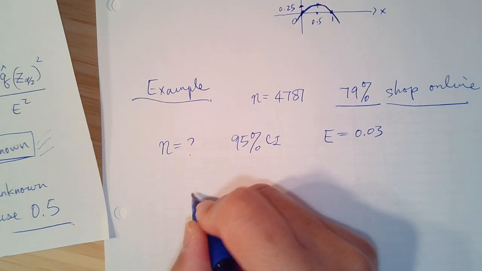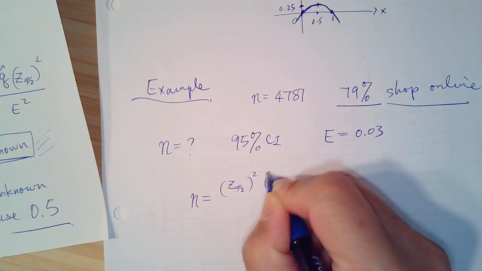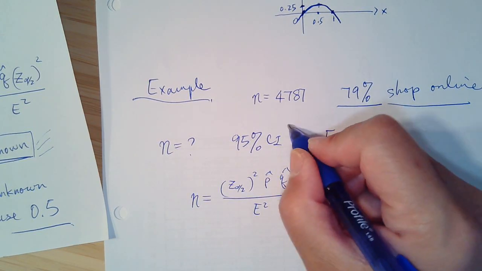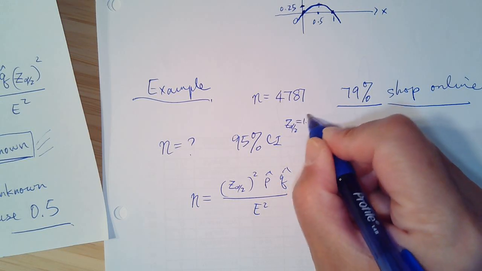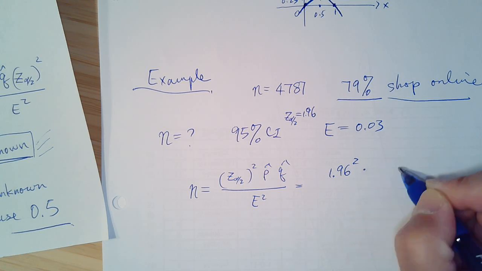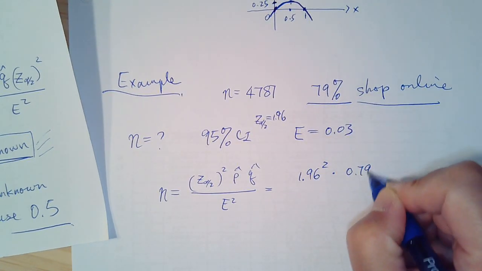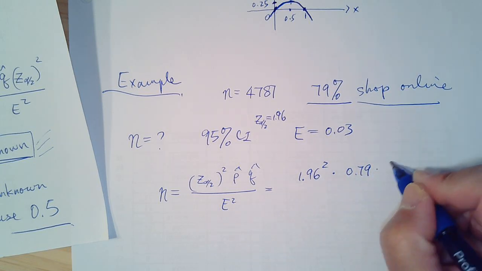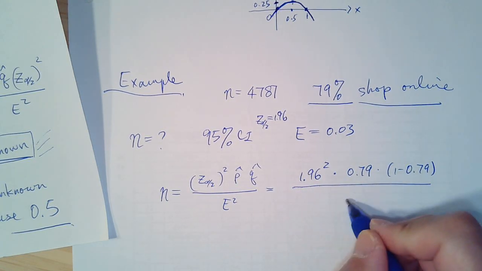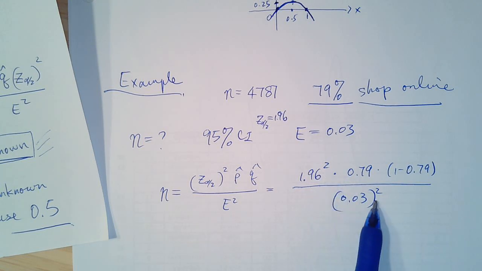So I'm going to use the formula n equals z alpha over 2 squared times p-hat q-hat over E squared. So it's 1.96 squared times 0.79, and q-hat is 1 minus that, or you can just write 0.21 right away. The denominator is 0.03 squared. Don't forget there's a square here and there's a square here.